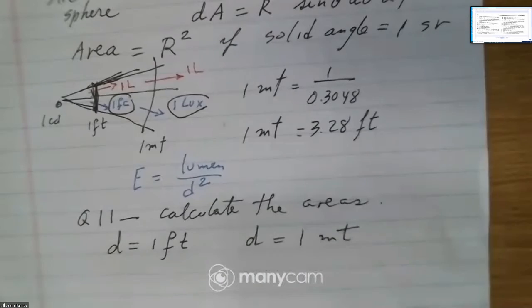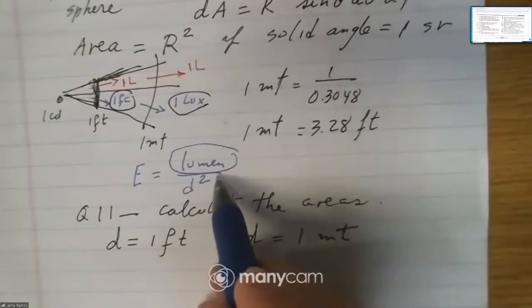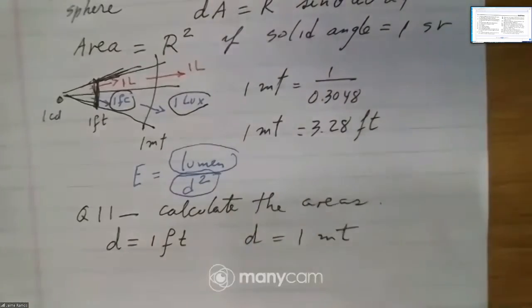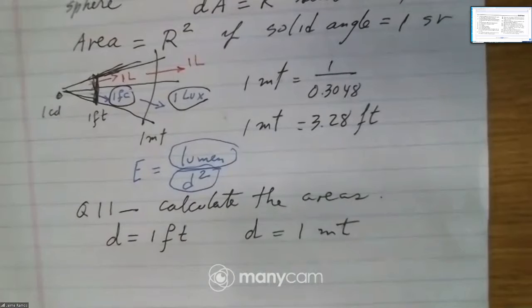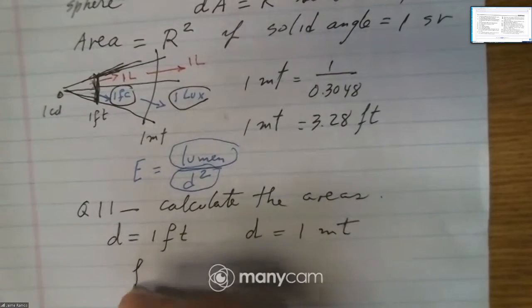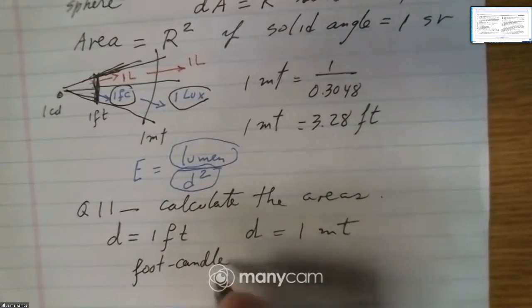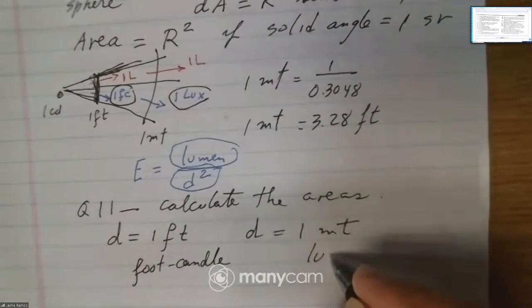Okay, and then that's going to be the same lumen going out, but detected at different distances. So this gives the foot-candle, that's the name of the unit, and this gives the unit the lux.